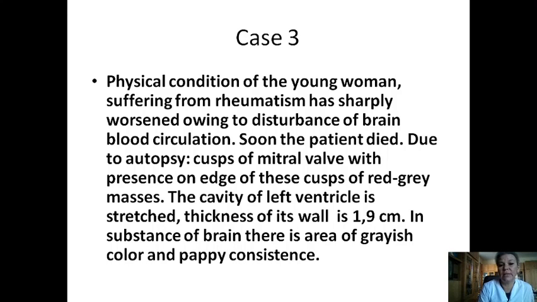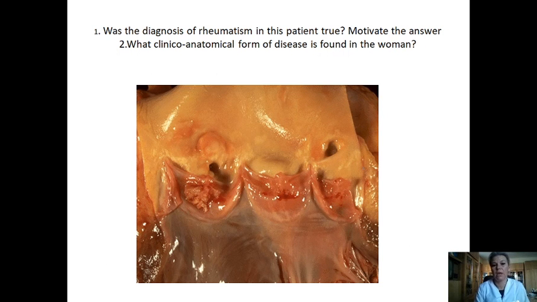The cavity of the left ventricle is stretched. Thickness of its wall is up to 2 centimeters. In the substance of the brain, there is an area of grayish color and flabby consistency. In this photo, you can see anatomical changes in the mitral valve.